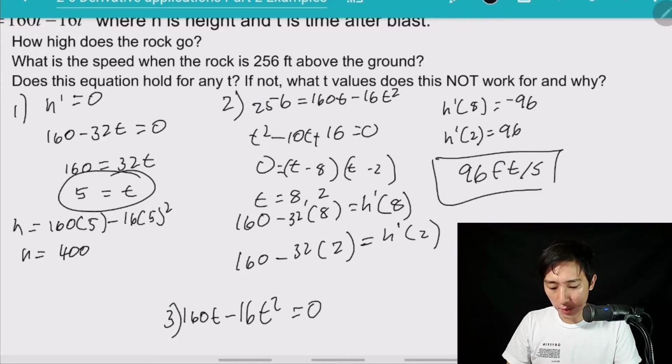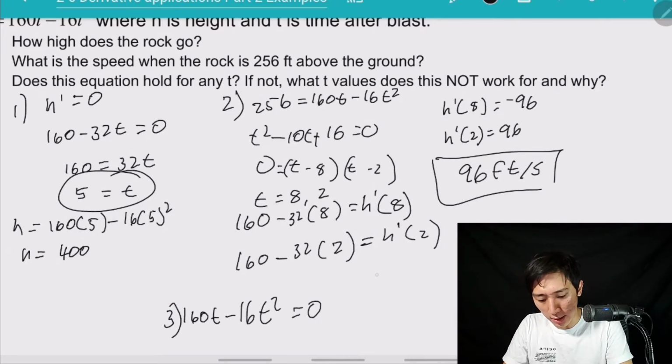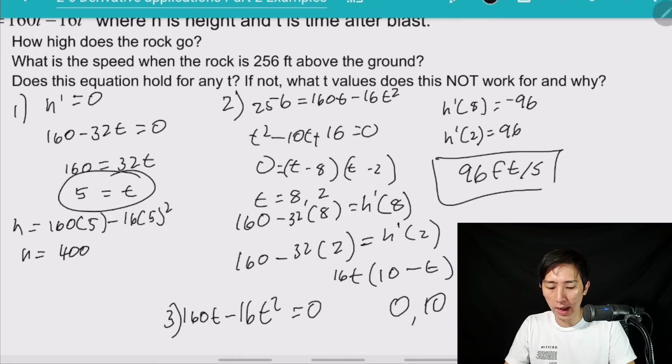And then from here, we can just divide everything by 16. So we're left with 10 minus t equals 0, which means that 0 and 10 are our answers. So that means it does not work for t is greater than 10.